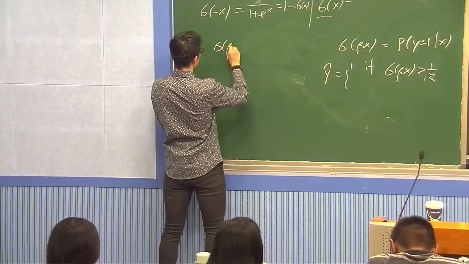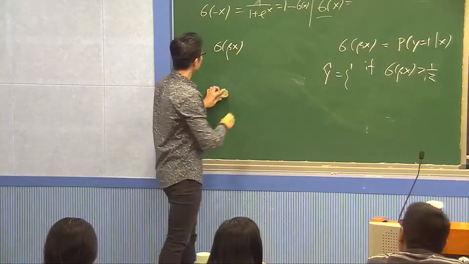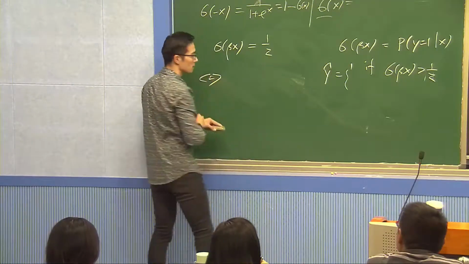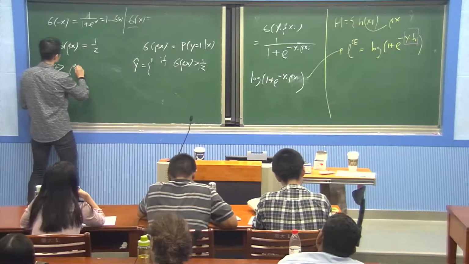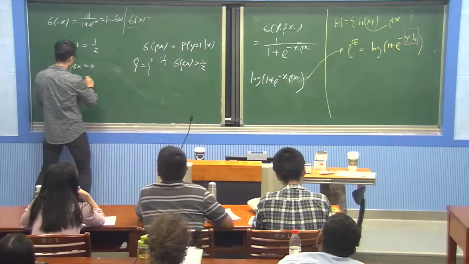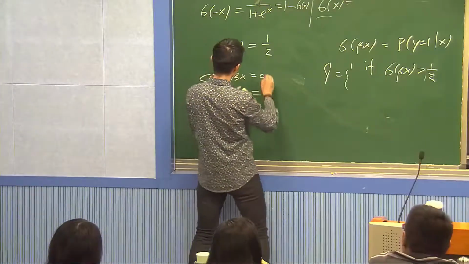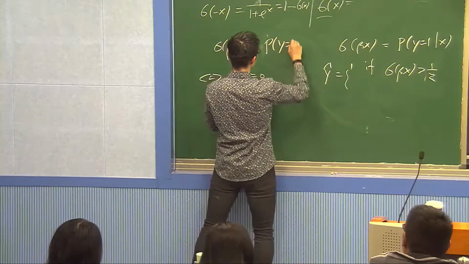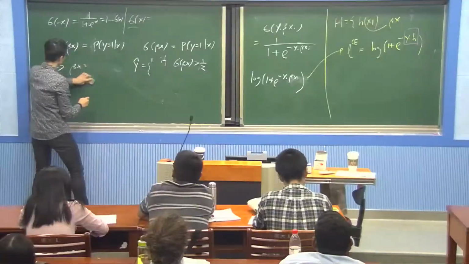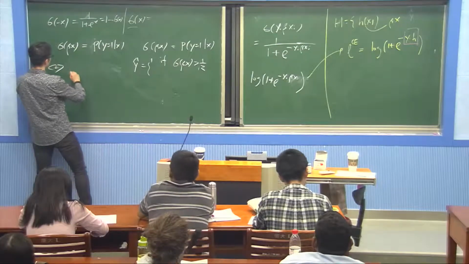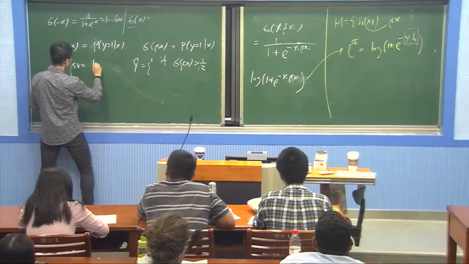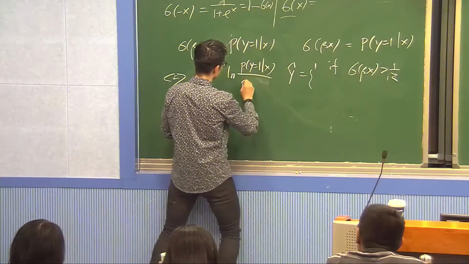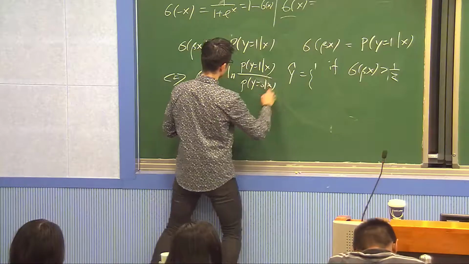Remember, sigmoid beta x equal to 1/2 is equivalent to beta x equal to 0. From this, probability y equal to 1 given x is equivalent to beta x equal to log of p(y=1 given x) over p(y=0 given x).